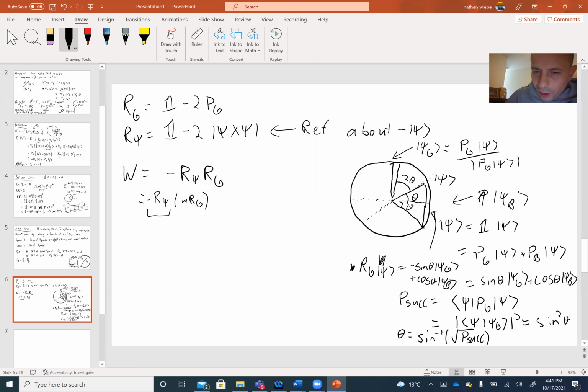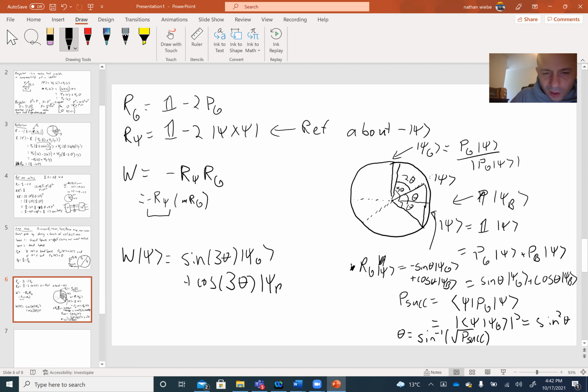So everything considered, these two reflections have carried out a rotation through an angle of 3 theta. So our resulting state, W acting on psi, is going to be equal to sine of 3 theta psi g plus cosine 3 theta psi b.